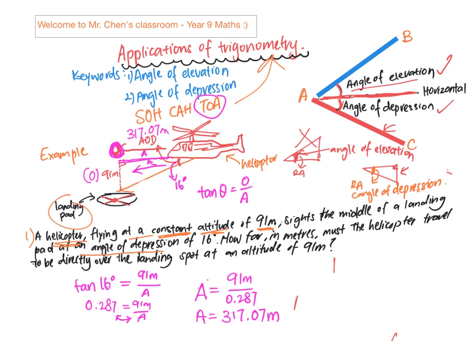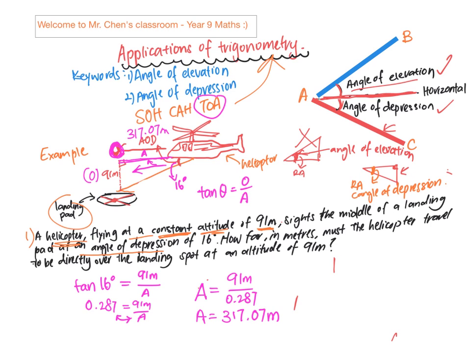So that is the example of using angle of depression to find out the length of one of the unknowns for a right angle triangle. So how are you finding this? Is this a new thing to you? I don't think I've actually touched this before.